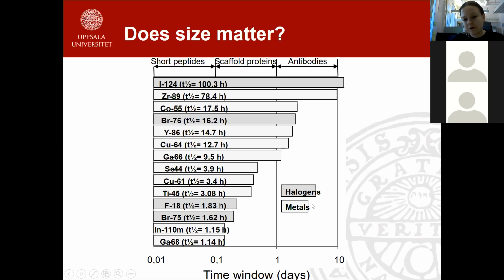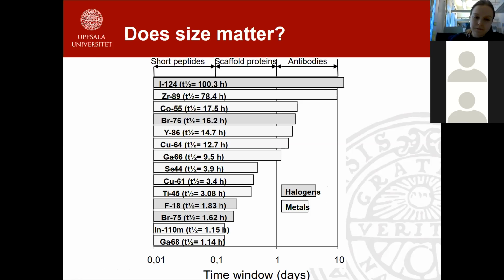nature of these radioisotopes. Some of them are metals, so they have a characteristic of radiometals. Some of them are halogens. And if you remember from the periodic table, halogens are located at the right side of the periodic table in the seventh group of elements.